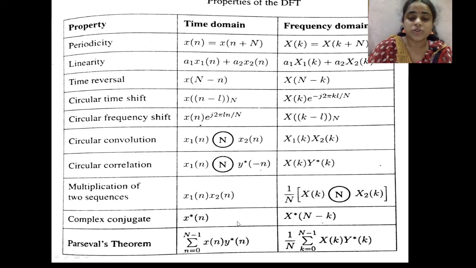Complex conjugate property, Parseval's theorem, these are all in DFT. If you have studied Fourier transform in your previous subjects, and worked out those problems, everything is the same. What we do in analog with integrals, in digital we do with summations.